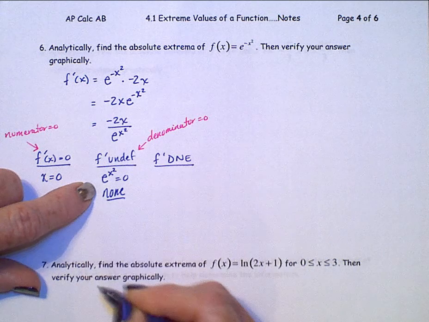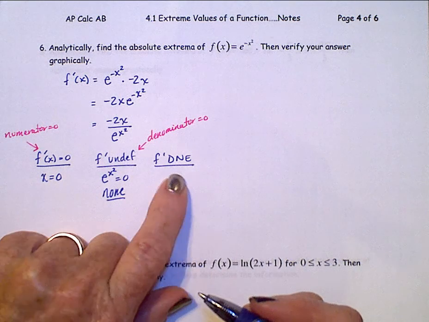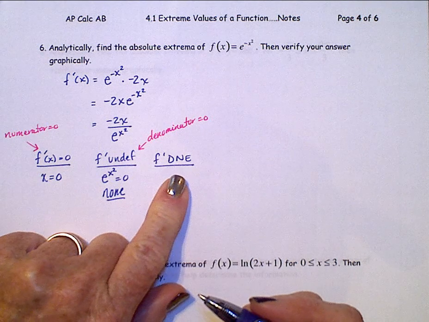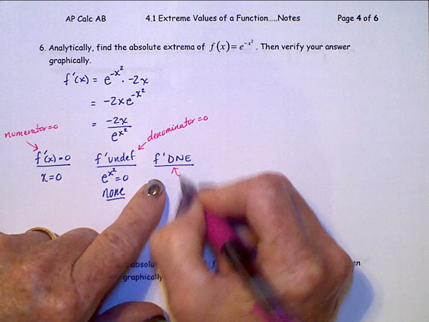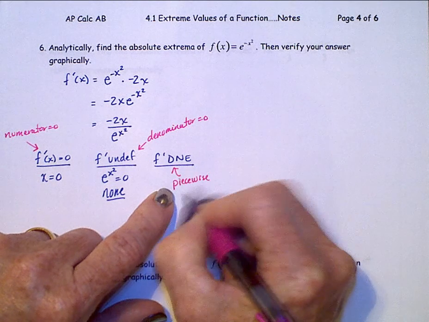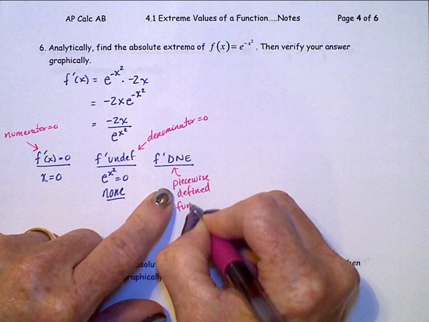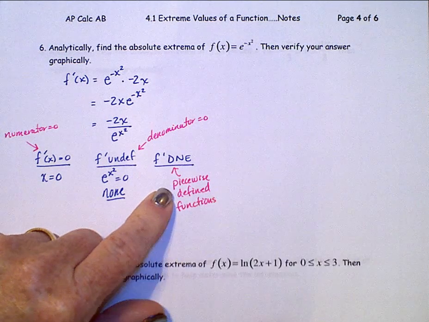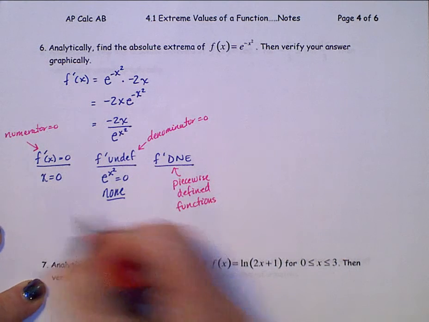So there aren't any here. And f prime does not exist is looking for slopes from the left not equal to slopes from the right. You're going to see this mostly in a piecewise defined function. Alright, so our only critical number then is x equals 0.